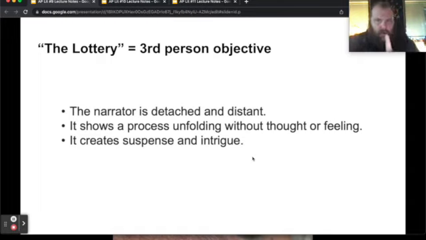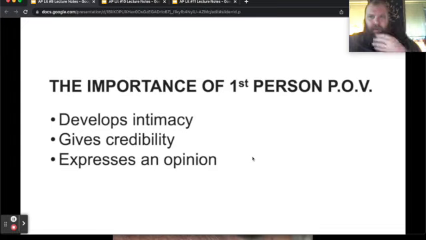So real quick, let me pause on third person. Let me jump back to first person and look. Remember, we were talking about last lecture the importance of first person. It develops intimacy. It gives credibility. It expresses an opinion, right? This piece from The Lottery is not doing that. I don't feel close to this narrator in The Lottery.